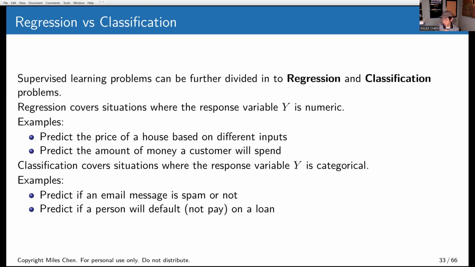And those supervised learning methods can be further divided into regression and classification. Okay. Basically, regression is where your response variable is a number, and classification is for when your response variable is a category. Okay. So an example of a regression problem is, you might say, let's figure out how much a house costs based on different inputs.